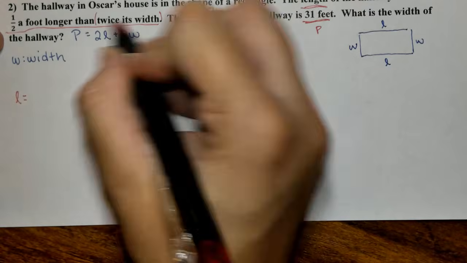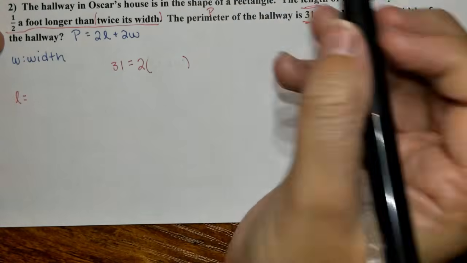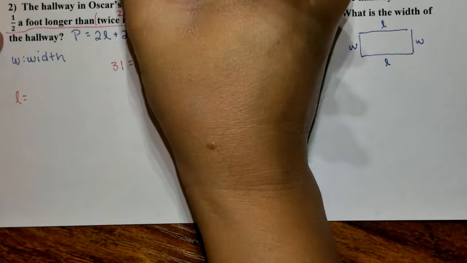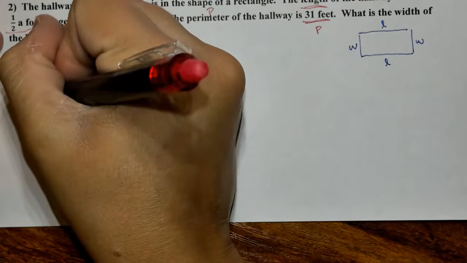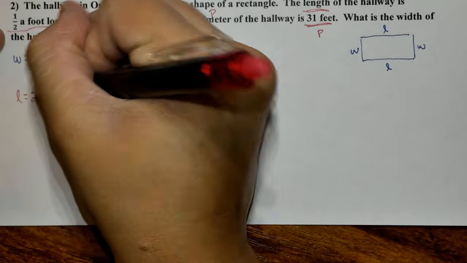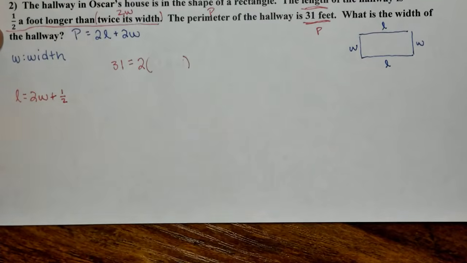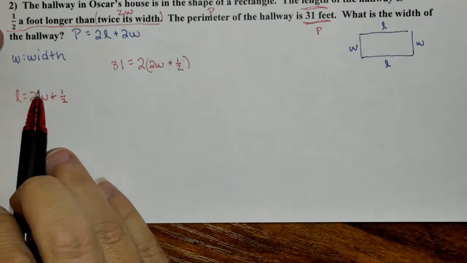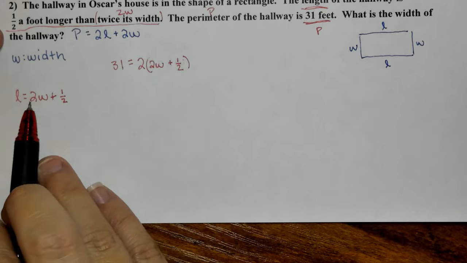So twice its width, when you have twice the amount of something, you're doubling it or multiplying it by 2. So twice its width is just 2W. Because it's half a foot more than 2W, I'm going to add that half a foot to it. And that is what I plug in for L. Because that's our length. Half a foot more than twice its width.